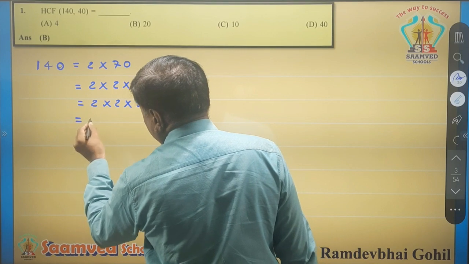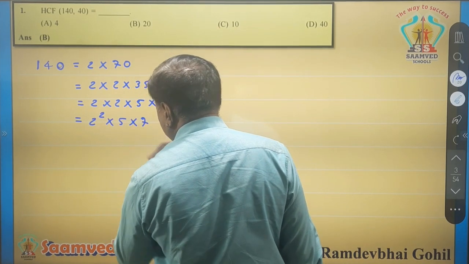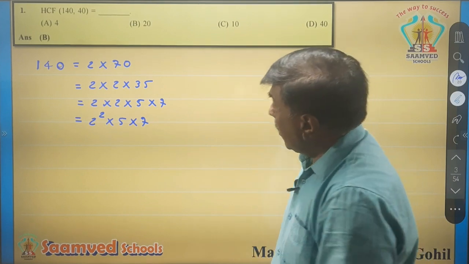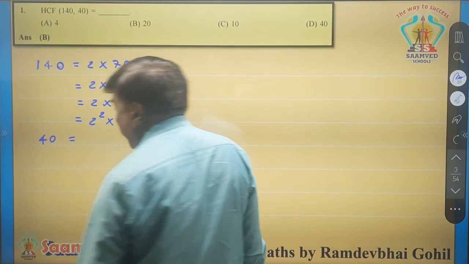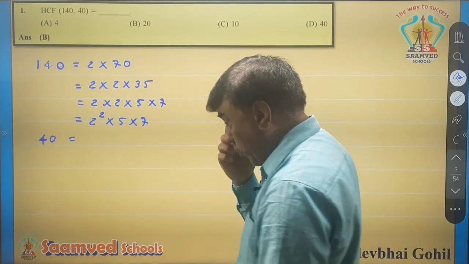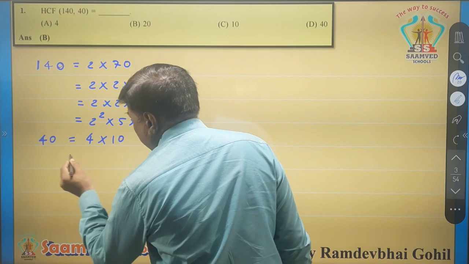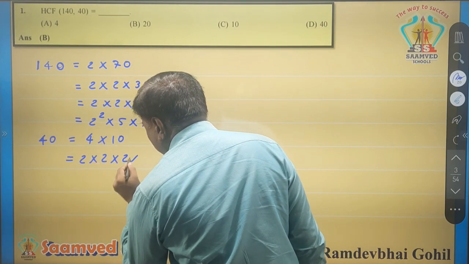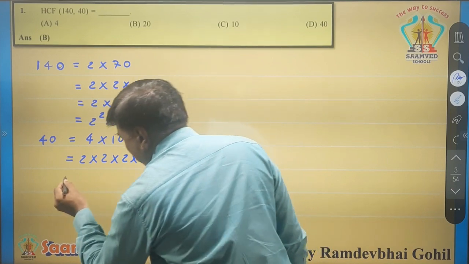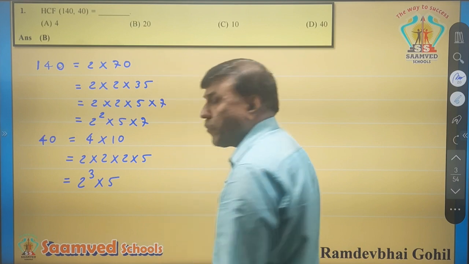So it will be 2 raised to 2 into 5 into 7, right? Now we will factorize 40. So 40 means 4 into 10. It means 2 into 2 into 2 into 5. So it will be 2 raised to 3 into 5.